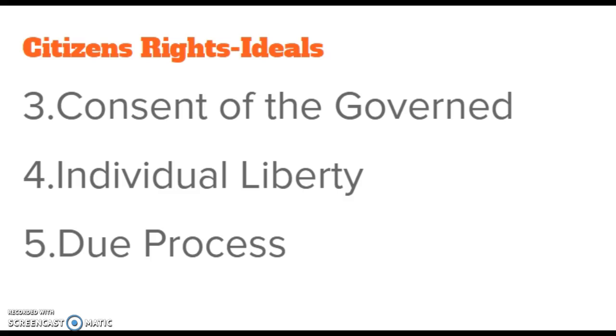For example, the freedom of speech, the freedom of press, the freedom of petition, the freedom of assembly, freedom of religion. We take for granted in America, with a democratic form of government, that individual liberty is something that is truly valued and protected with our laws.